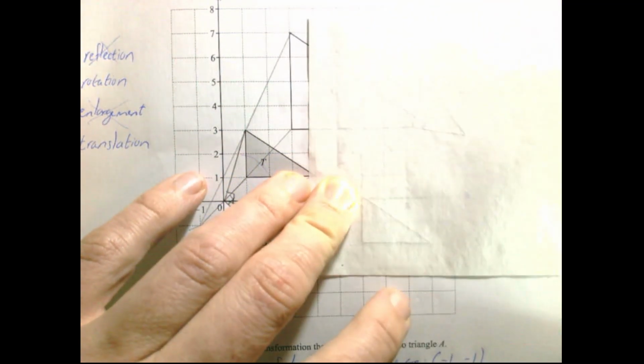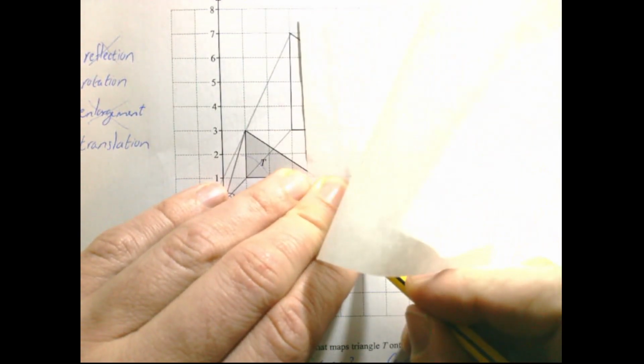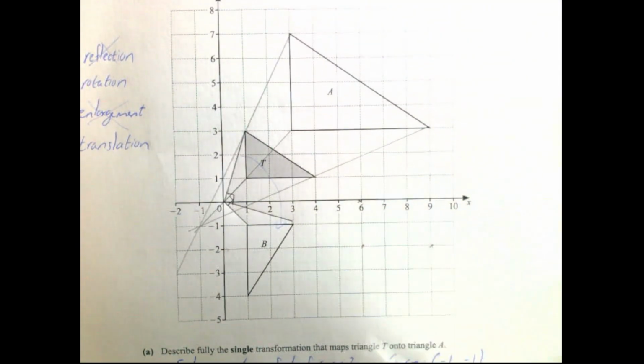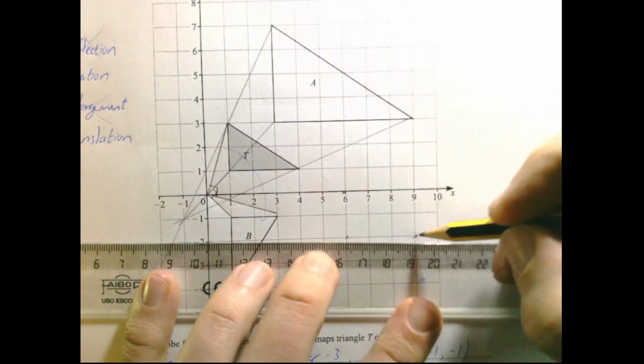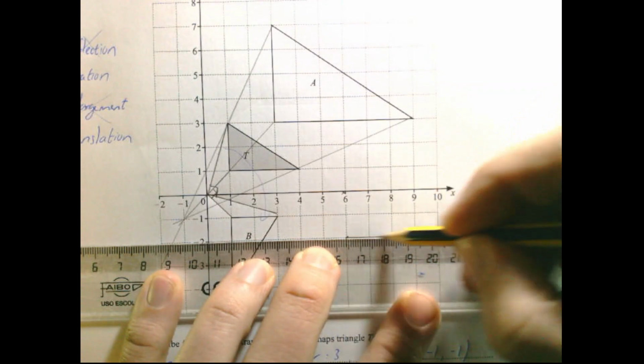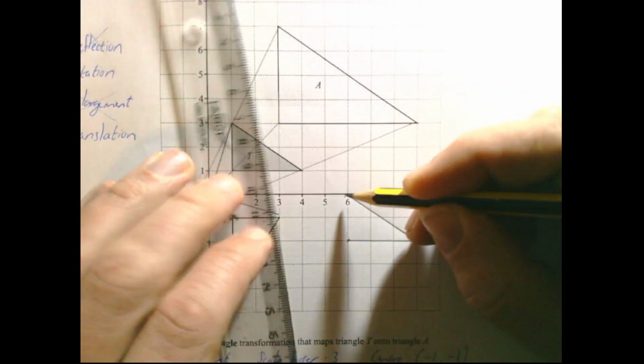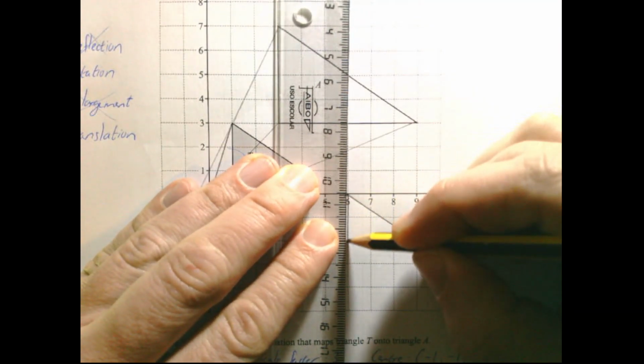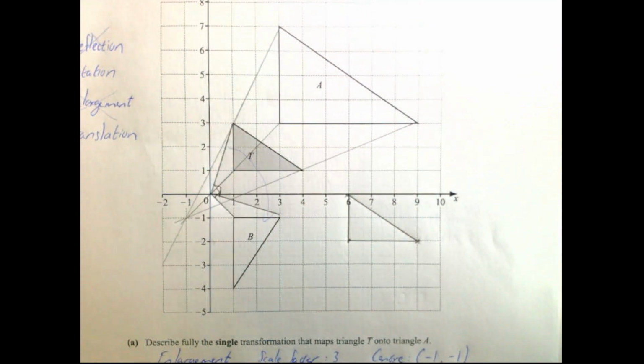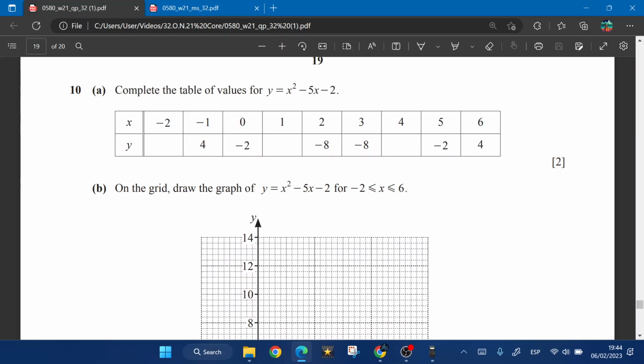Mark the corners and draw your shape. Bam. Full marks, because you're a genius. Beautiful. We're looking at question 10.